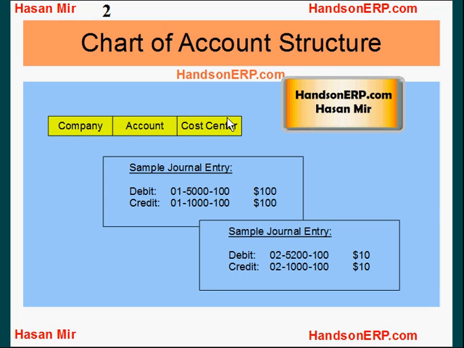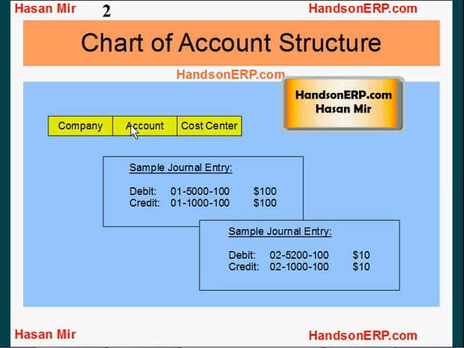If somebody asks you, what was the total cash spent on project A by department 1? If you have a department segment in your chart of account structure, and if you have a project segment in your chart of account structure, then you could answer this query. Otherwise, no. So that is the whole idea of capturing different dimensions, so that you could do reporting on those dimensions.